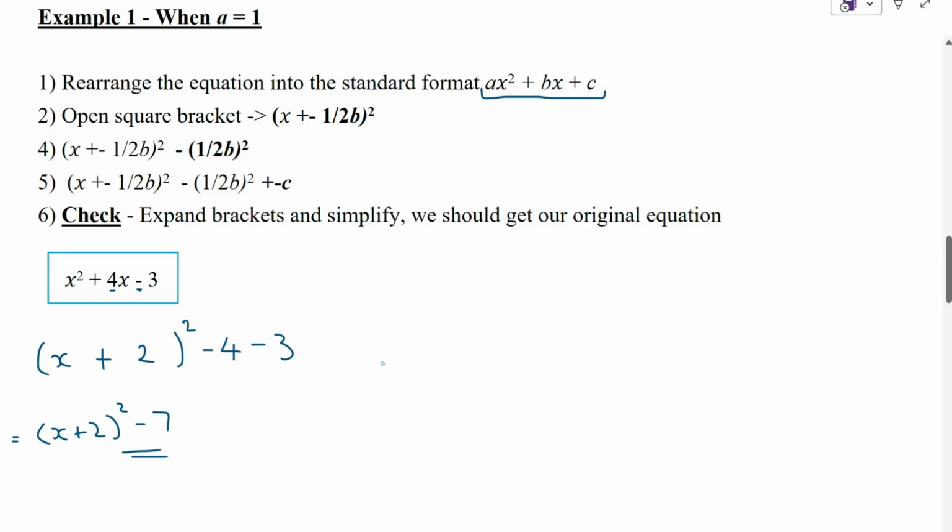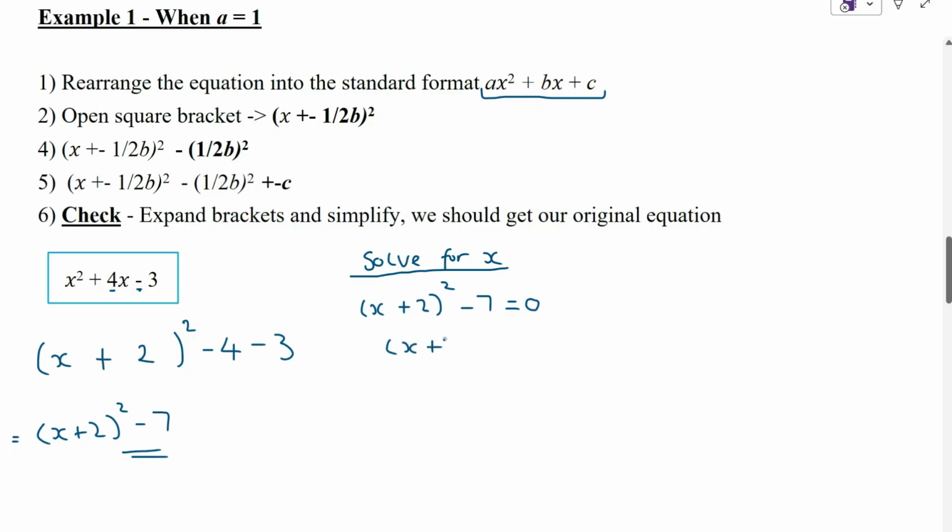So if we were to solve this equation using completing the square, we would first have our answer as we worked out earlier, and we would make it equal 0. Now we just rearrange and solve for x as usual.